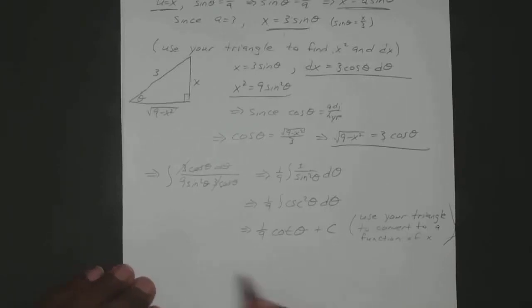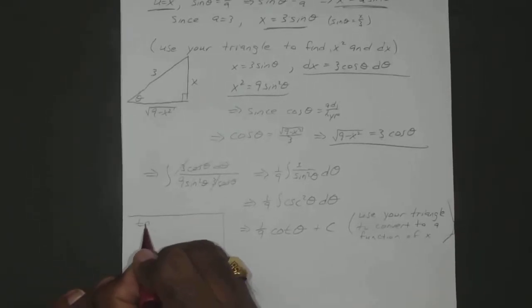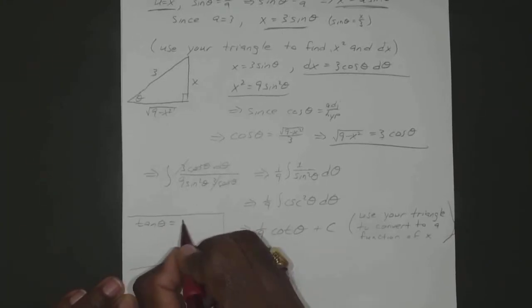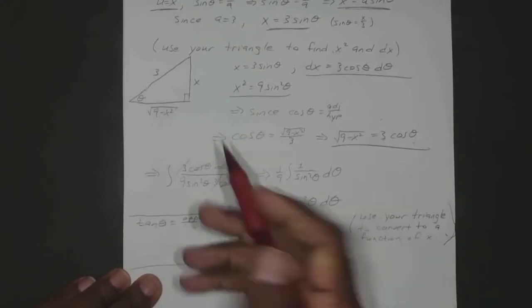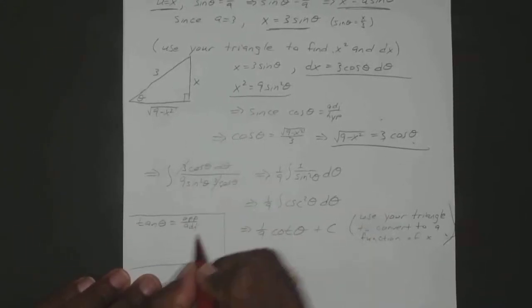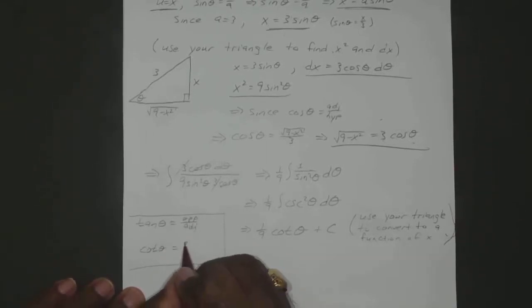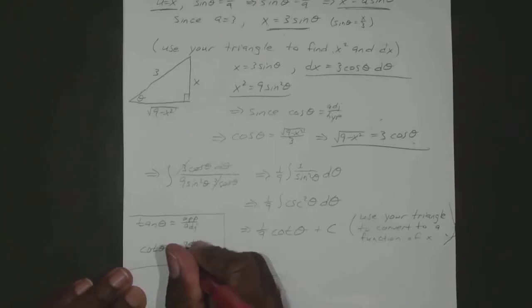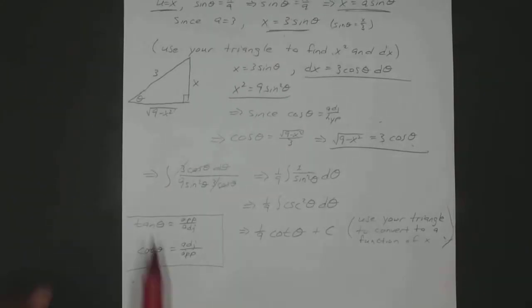If tangent of theta is opposite over adjacent, then cotangent is adjacent over opposite.